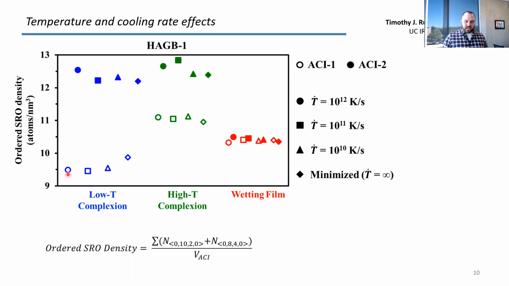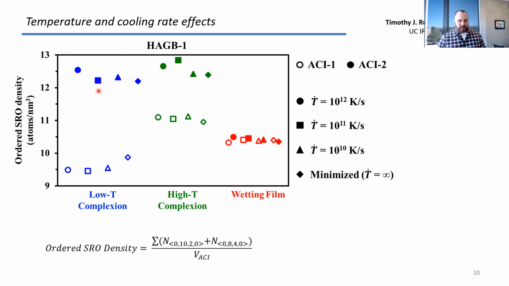And we can start to compile some data. What I'm showing you is just collecting all of those descriptions of the amorphous crystalline interfaces for that same boundary I just showed you. And again, I'll point out that the cooling rate doesn't seem to have a big effect within a given sample. But this gap between the ordered short range order density on either side does seem to be very dependent on the temperature at which I made that complexion.